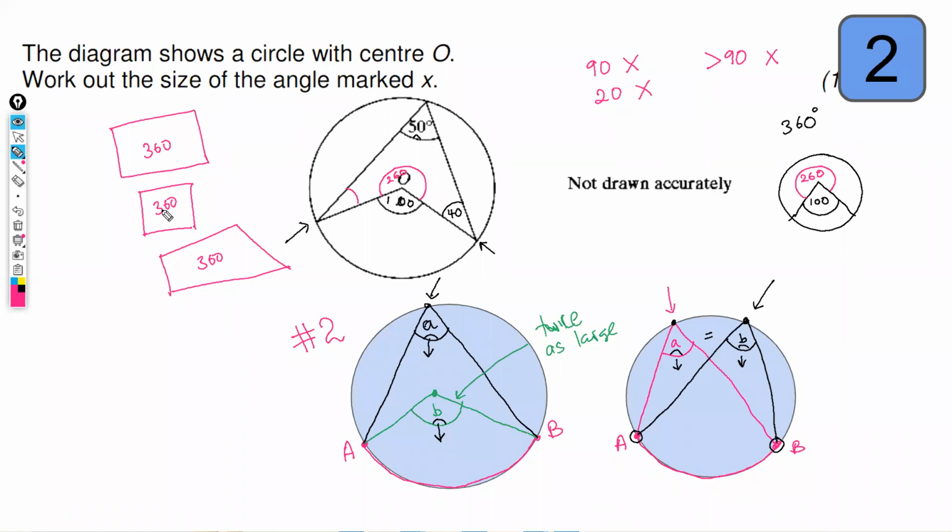A triangle is 180, but any quadrilateral, any four-sided figure is 360. Look at this crazy looking shape in the middle. Well, let me draw that alone. One side, two sides, three sides, four sides. This is a quadrilateral, just a very strange looking quadrilateral.